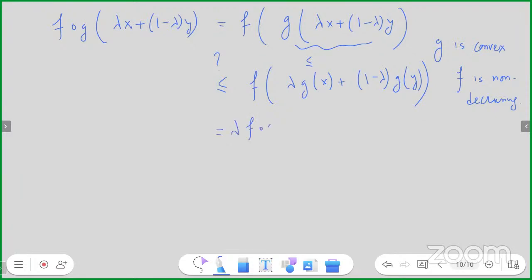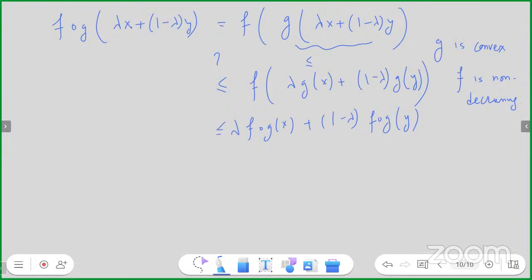Now it's essentially lambda times F of G of x plus 1 minus lambda times F of G of y. Which one? This one. Why?